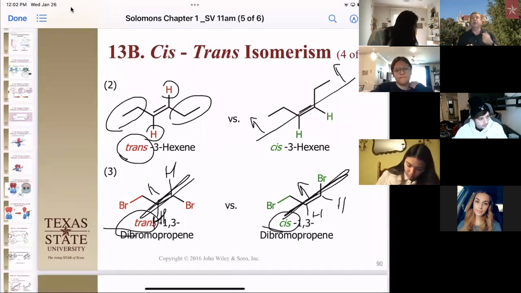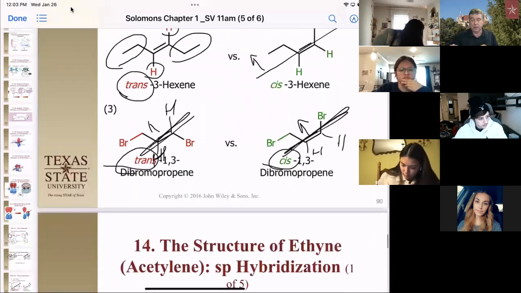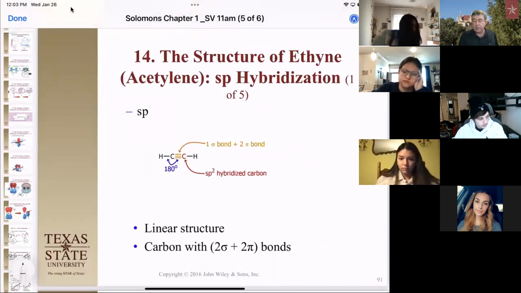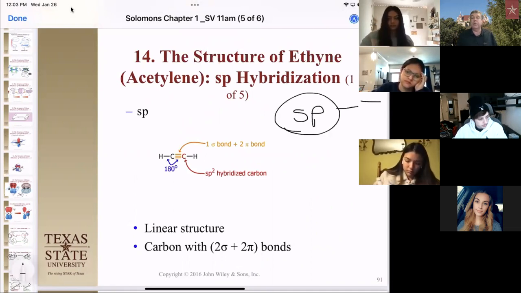What happens if we only blended 1 S and 1 P together to create 2 equal orbitals, and then had 2 P's available to do overlap bonding or pi bonding? Well, what that looks like is that gives us a triple bond. Because when we have S and P, where we have 2 equal orbitals, it turns out in space, the farthest you can get 2 orbitals away from each other is 180 degrees.